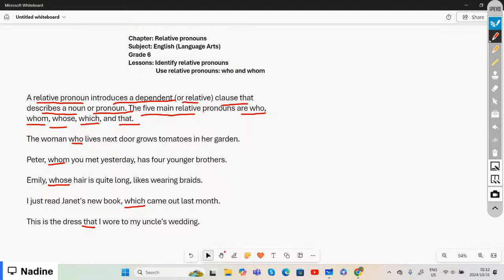It mentions who does something, whom we are having a conversation about or with, whose something we are talking about, which object or thing, as well as that object or thing we are talking about. And that is a relative pronoun.